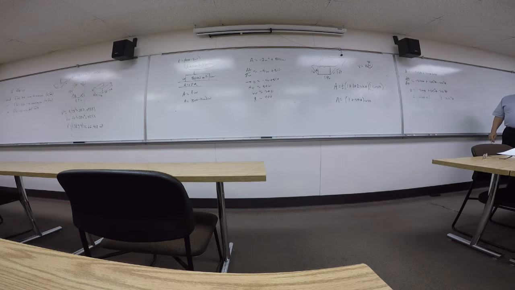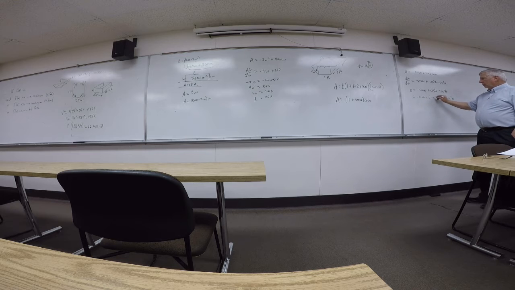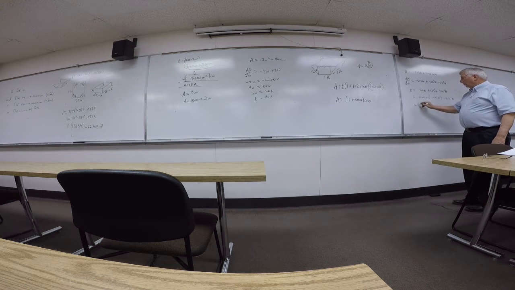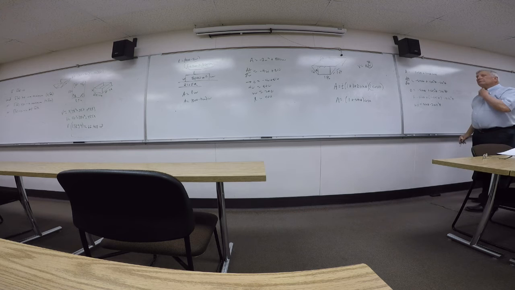Your fundamental trigonometric identity. Sine squared plus cosine squared equals 1, so cosine squared is 1 minus sine squared. Now this is a quadratic in terms of sine. And so I get 1 minus sine theta minus 2 sine squared theta.